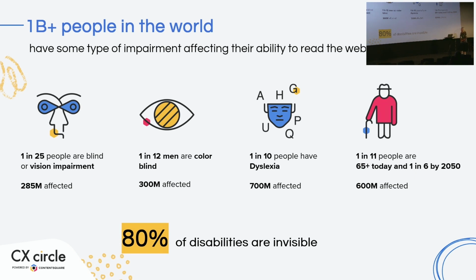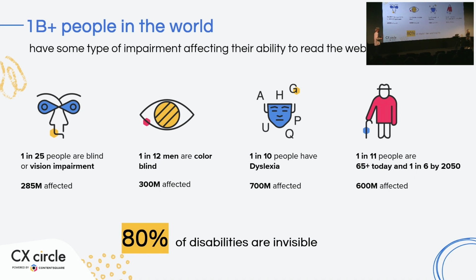So this is the internet, the web, digital documents, all sorts that go into that. Big one today is visual impairments. So with the screen reader exercise, you're going to see this. 1 in 25 people are blind or have some form of visual impairment. So that's 285 million people affected.